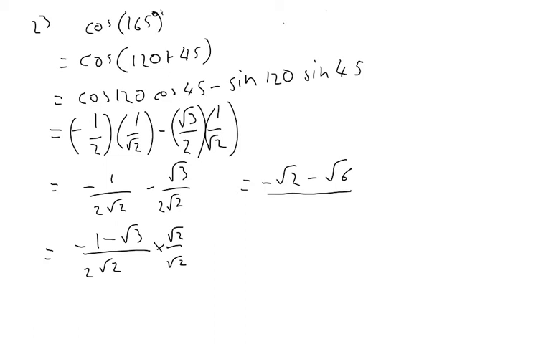Now we've got 2 root 2 multiplied by root 2. Root 2 times root 2 is 2, and 2 times 2 is 4. So that equals minus root 2, take root 6, over 4. And that is your answer.